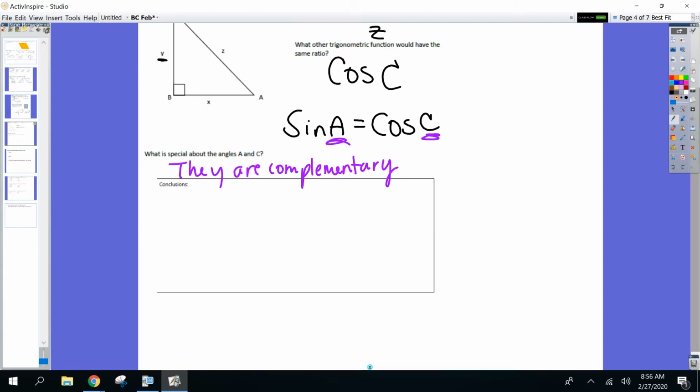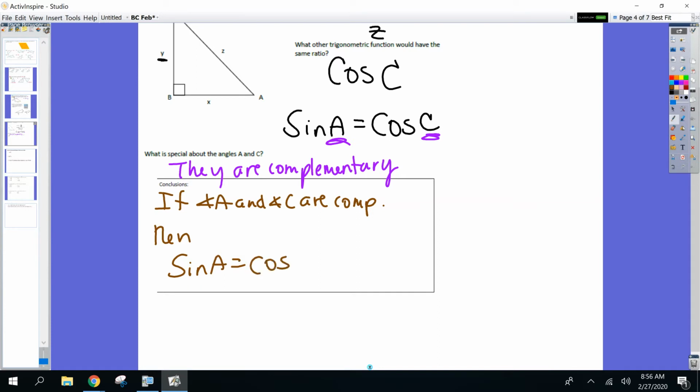So here's the conclusion we're going to work on today. If A and C are complementary, angle A and angle C, then the sine of one angle will be equal to the cosine of the other angle.